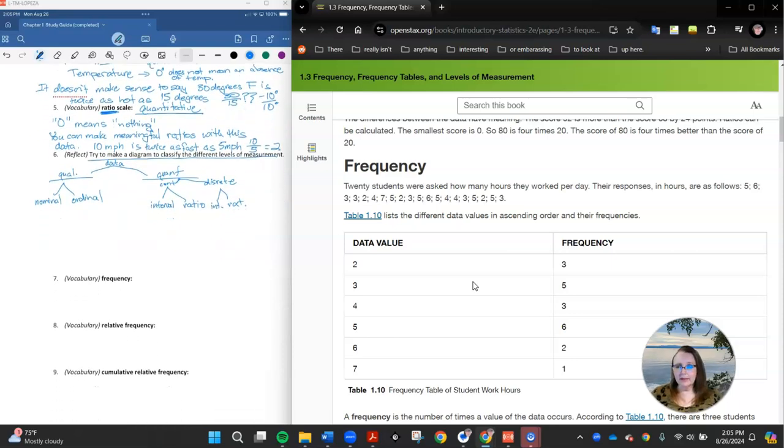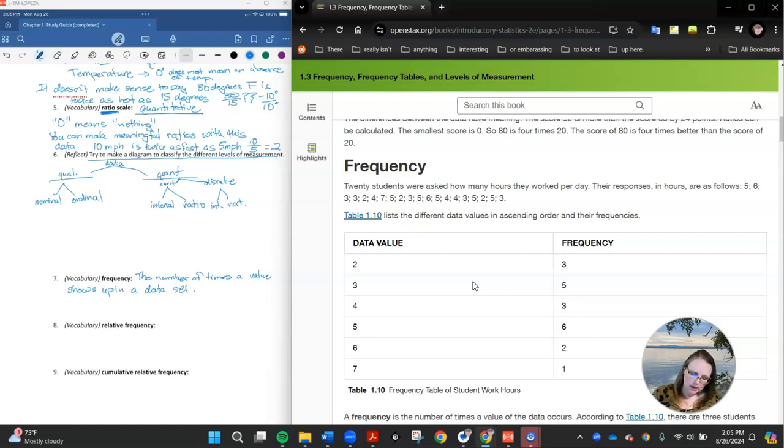Frequency is the number of times a value shows up in a data set.